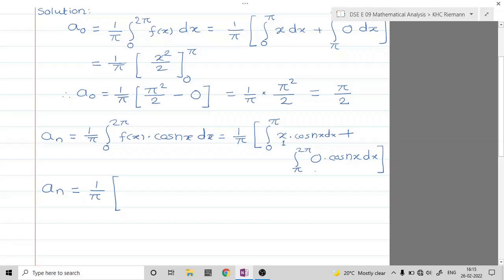We will take x as our first function and then the second will be cos nx. Use the generalized by parts rule. First as it is, x as it is. Integration of cos nx is sin nx upon n. You know this now.